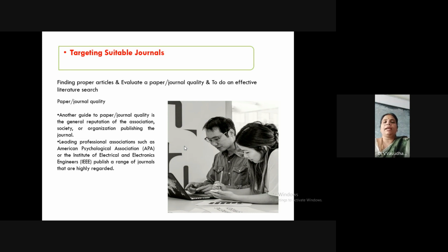And the other indicators are like American Psychological Association, that is APA, and Institute of Electrical Electronics Engineers, IEEE. These places publish reputed, high quality work in their journals.